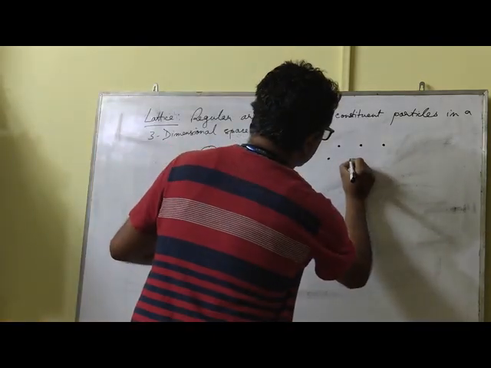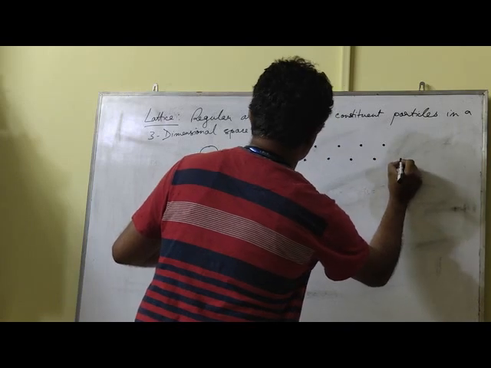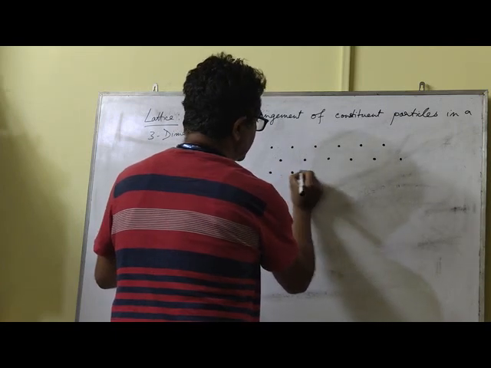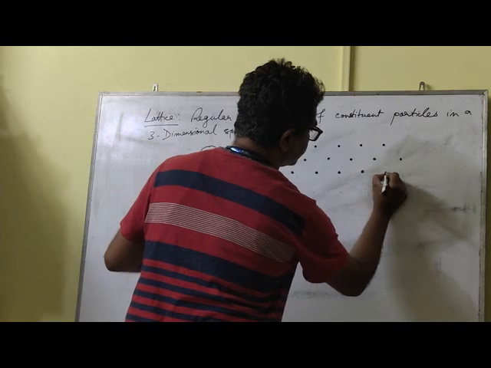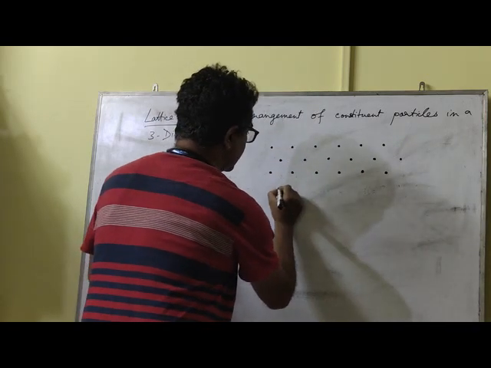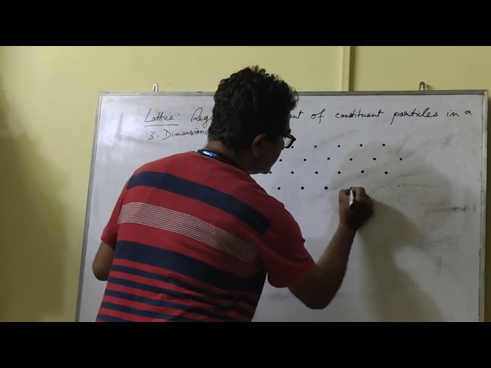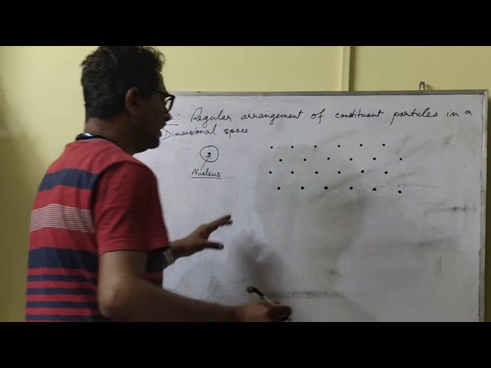So here, you can imagine these are the constituent particles. Again, we can have a constituent particle. There's a third line which I am drawing out here. We can also have one more line out here. So you can see there is a regular arrangement of the constituent particles. It's regular, not irregular.